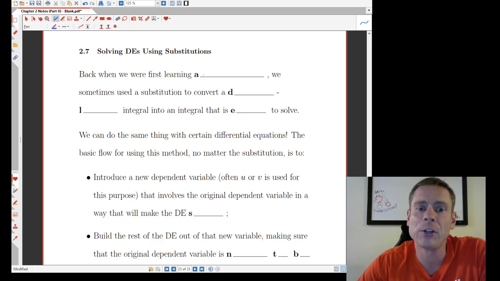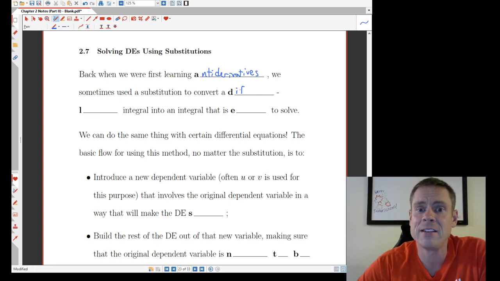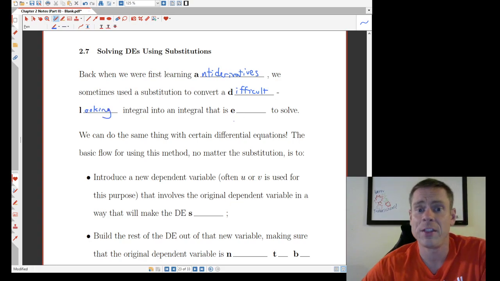So back when we were learning antiderivatives, or integration, back in first year calculus, we sometimes use a substitution to convert a difficult looking integral into an integral that is easier to solve.